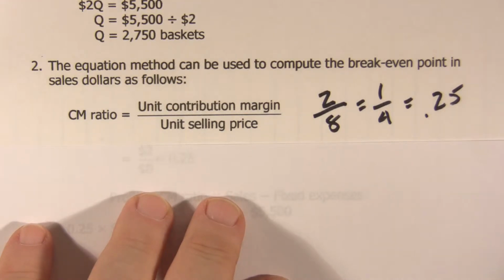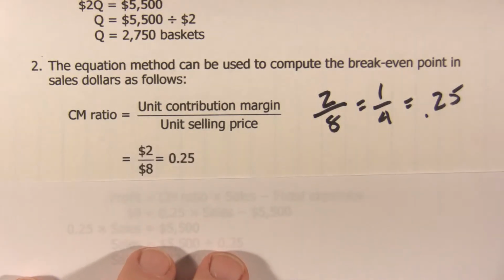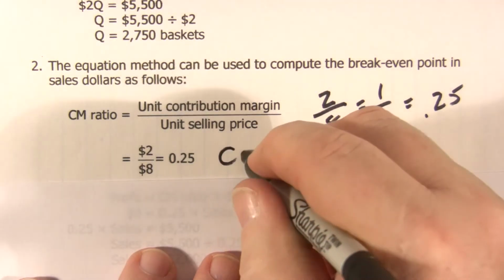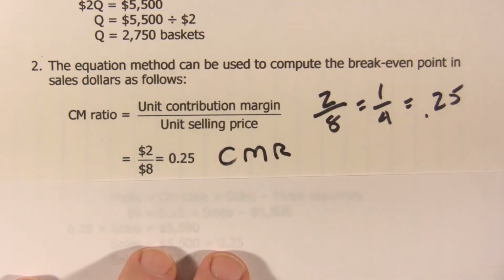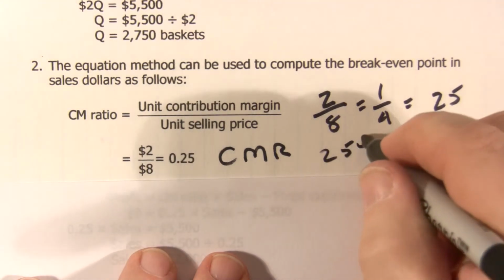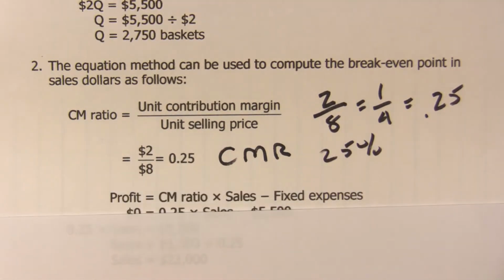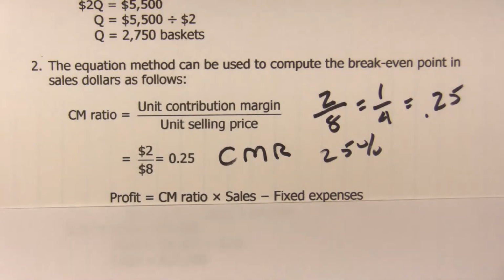Another way to say that is for every dollar of sales, we generate 25 cents of contribution margin up to the break-even point. So we've figured out that our contribution margin ratio is 25%. So now we can sub that information back into this equation.